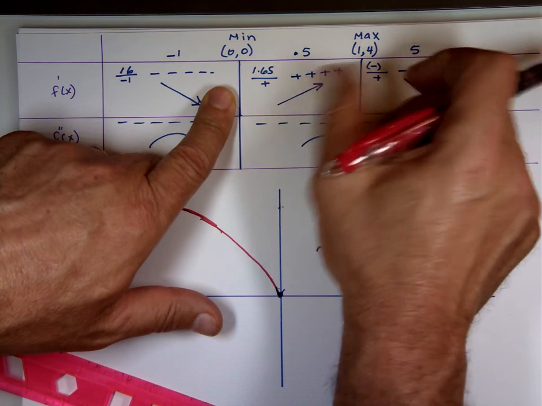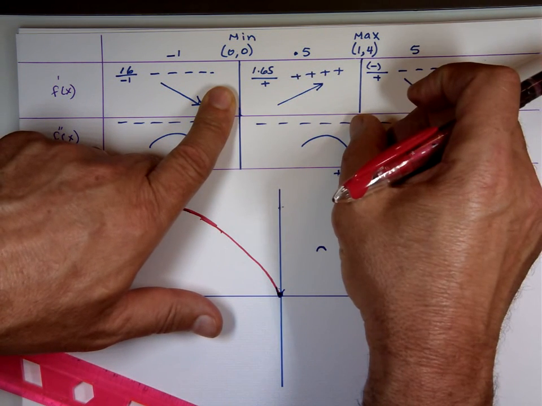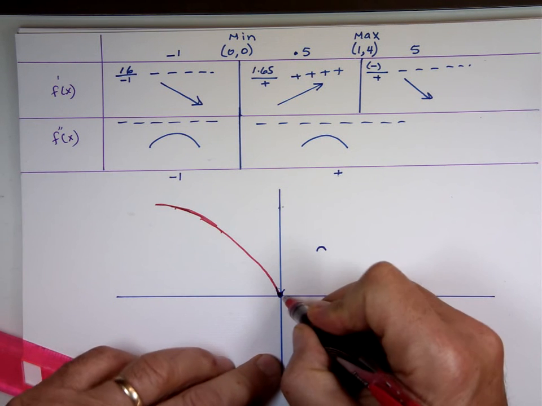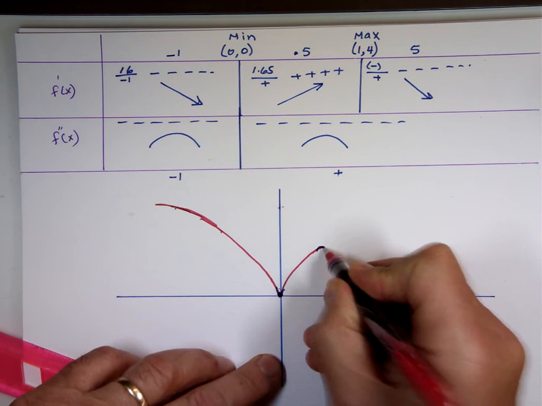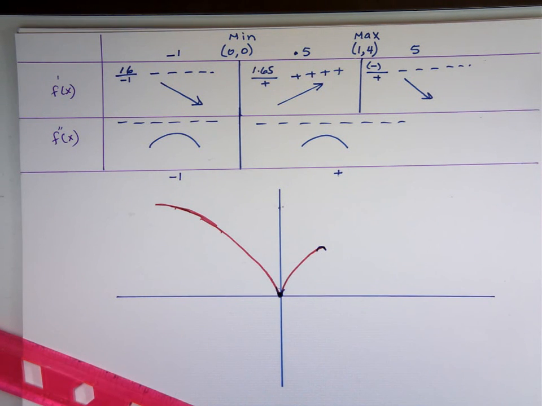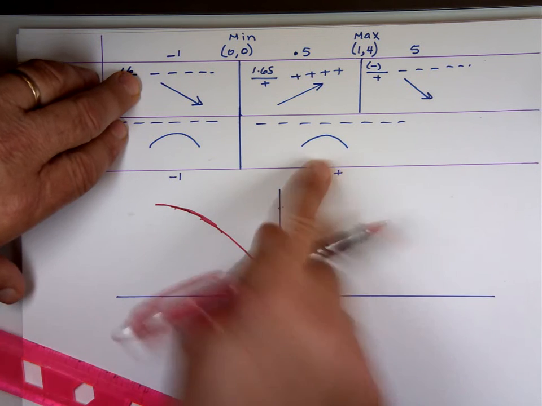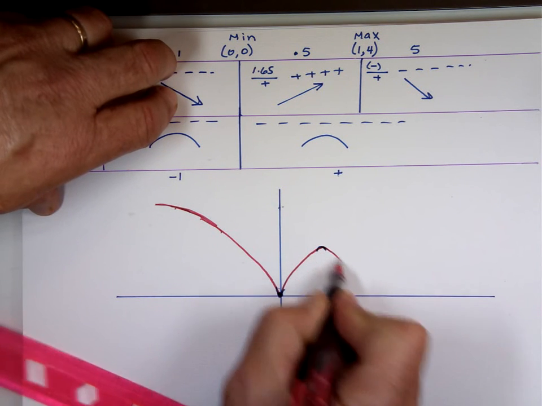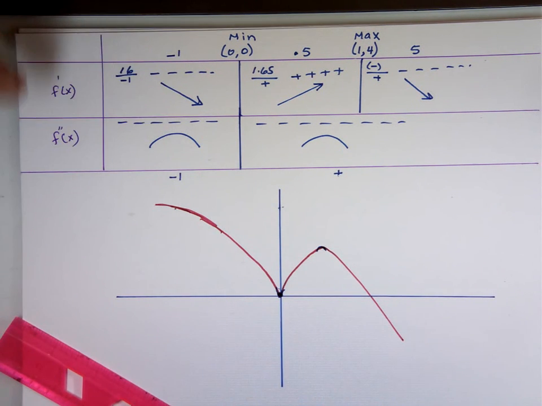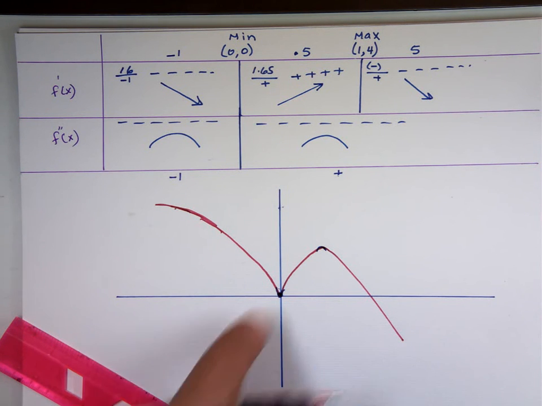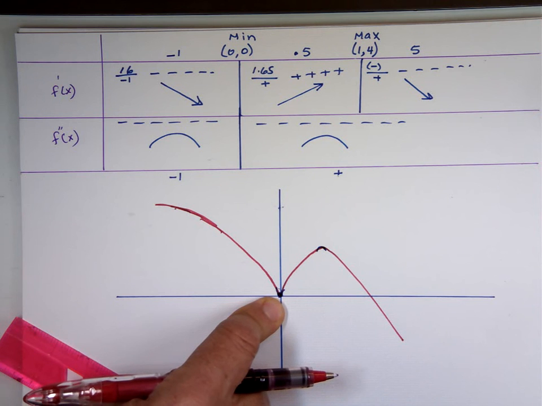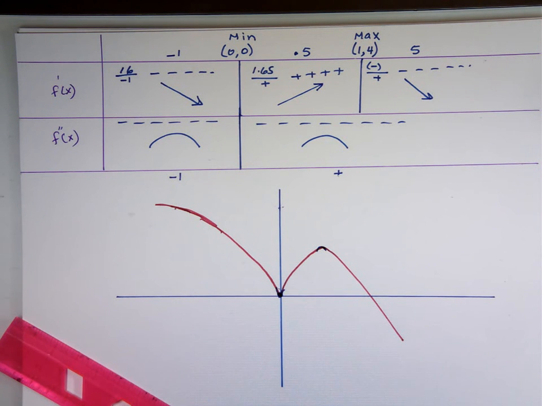Downward. It's a V shape. See that? And what's the story after that? The function is what? Decreasing concave downward. So you have a V shape right here. And we'll stop with this section. I got to finish the last one.